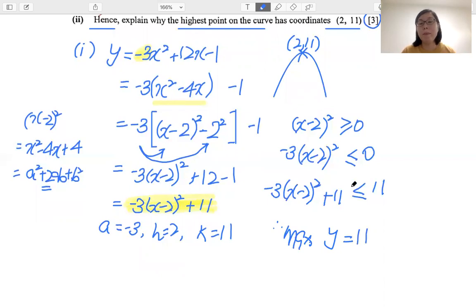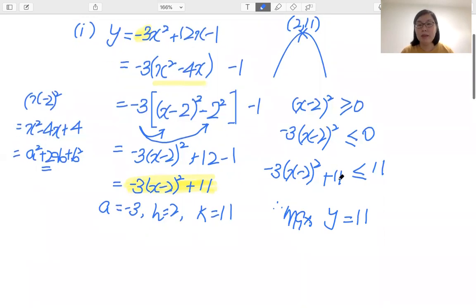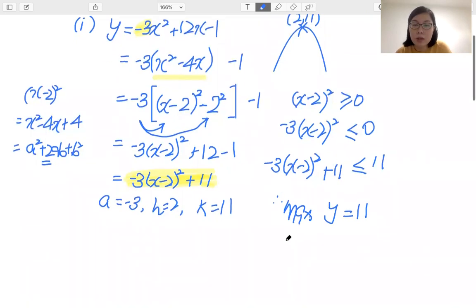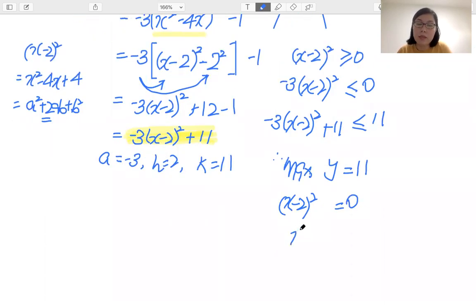And when that happens, what will be the value of your x? Okay, so simply you set your square term, which is this term, to be equals to 0. So x minus 2 will simply be equals to 0. X is equals to 2.